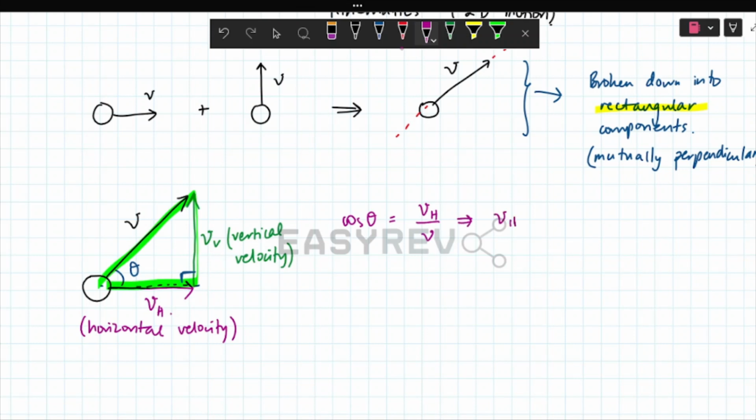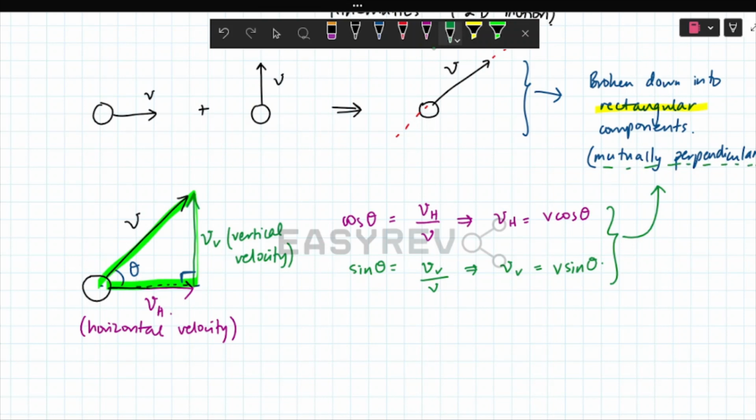Rearranging this, I simply get vh equals v cos theta. Whereas for the vertical velocity component, I can use the sin theta expression as vv over v. Rearranging it, vertical velocity equals v sin theta. And so these are my rectangular components that I was mentioning just before, right?